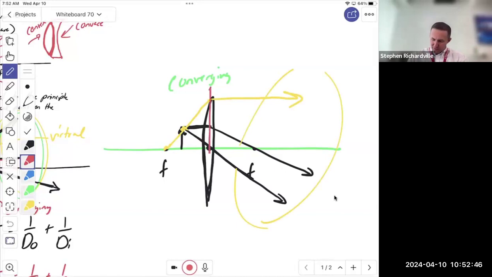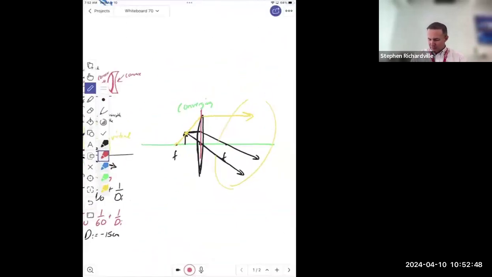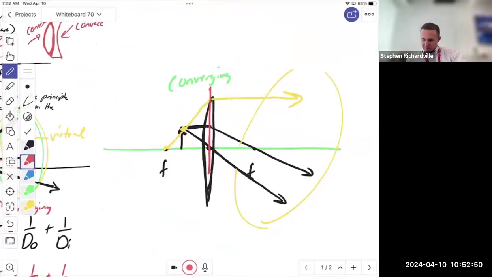So if I look here at the lens, trace straight backwards. Straight back, straight back, straight back. What I end up with is an upright, big virtual image.